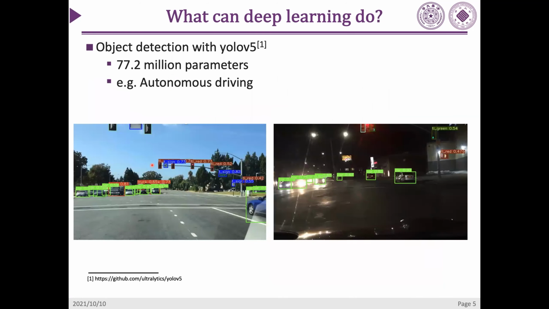And it can also be used at very useful real applications, such as the object detections in autonomous driving part. And this shows a typical object detection network with YOLO 5, which has 77.2 million parameters. And you can recognize and detect the cars and the traffic lights and vice versa.